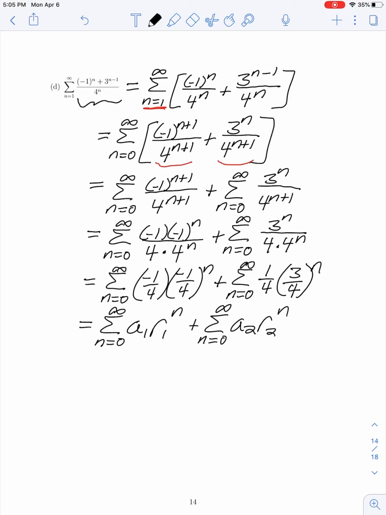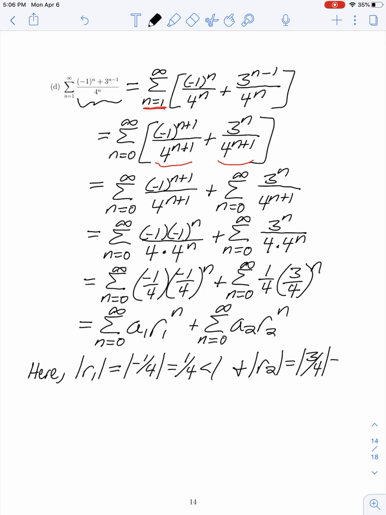So to determine convergence or divergence of each part, we need to examine the absolute value of these ratios. So here, the absolute value of r1 is the absolute value of -1/4, which would give us 1/4, which is less than 1. And the absolute value of r2, which was 3/4, is 3/4, which is again less than 1.